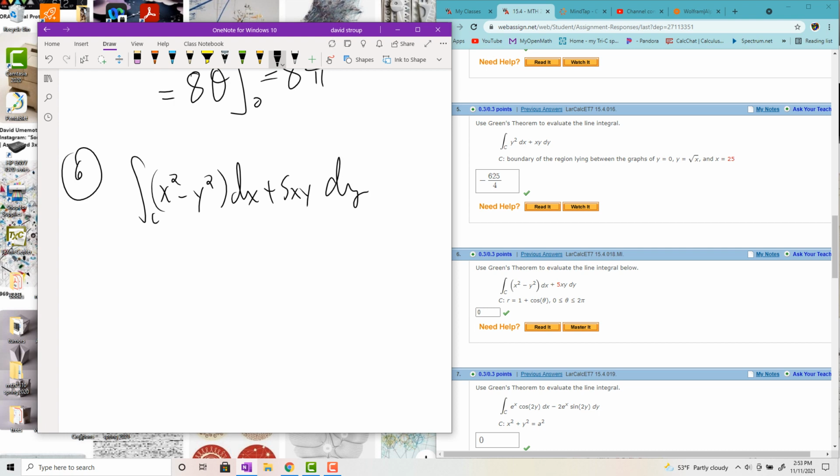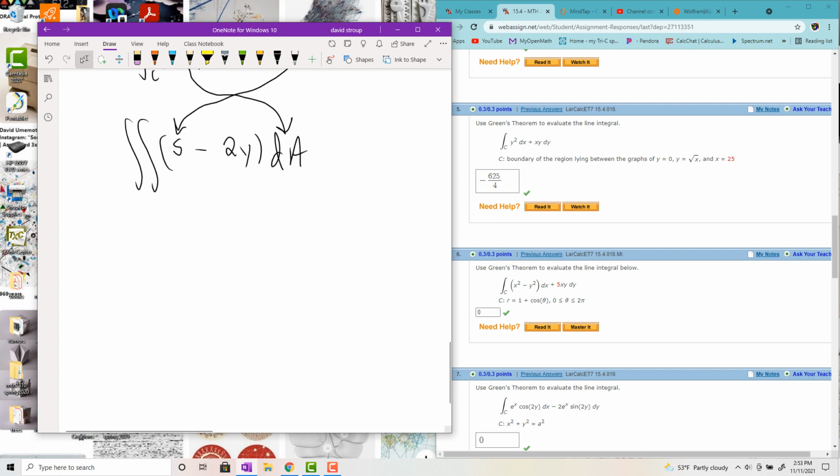Eventually I'm going to need the partial of that with respect to x, which will be 5y, minus the partial of this with respect to y, which will be 2y. That will be inside my double integral over this region, which is some weird polar region.